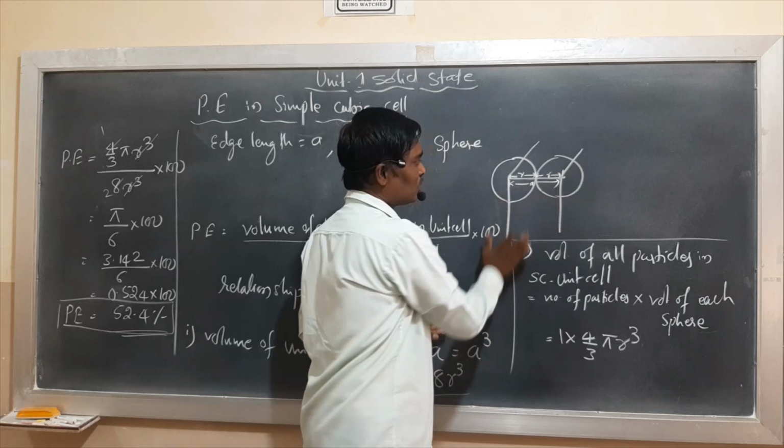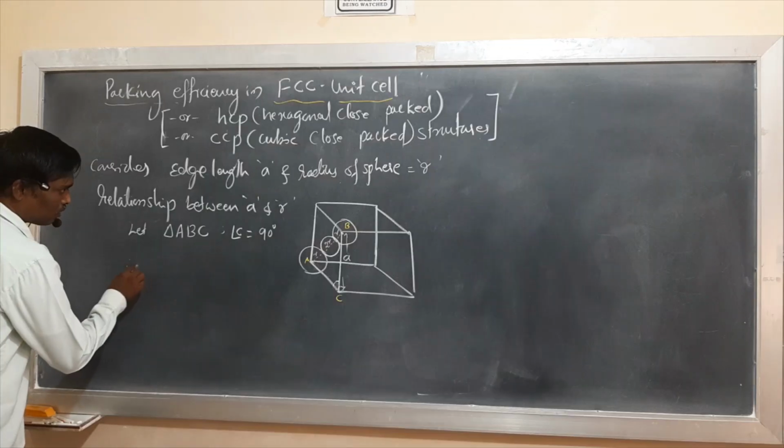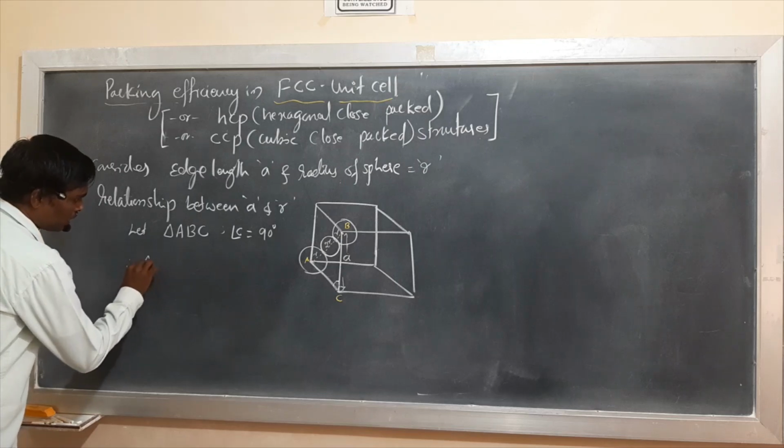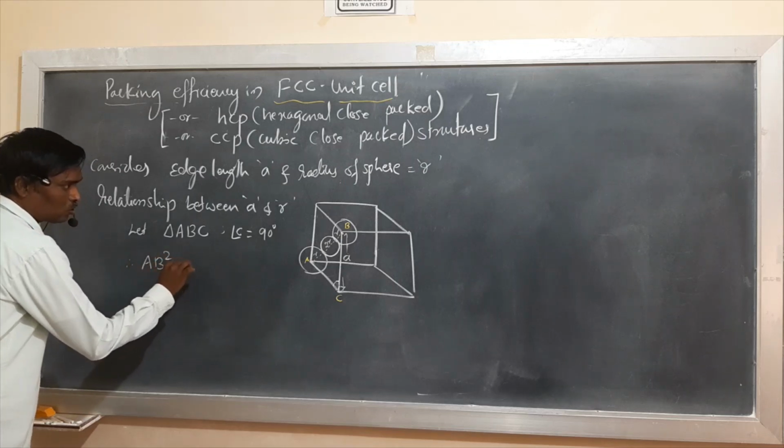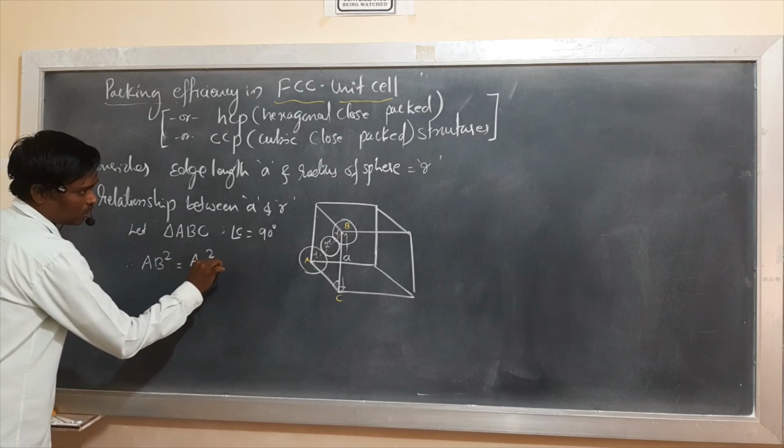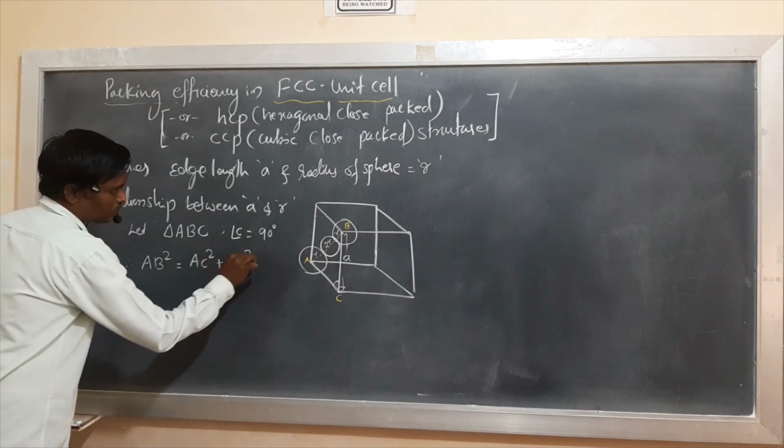According to the Pythagoras theorem, for a right angle triangle, the side opposite to the right angle is called the hypotenuse, and the square of the hypotenuse is equal to the sum of the squares of the other two sides. Therefore, AB square is equal to AC square plus BC square.